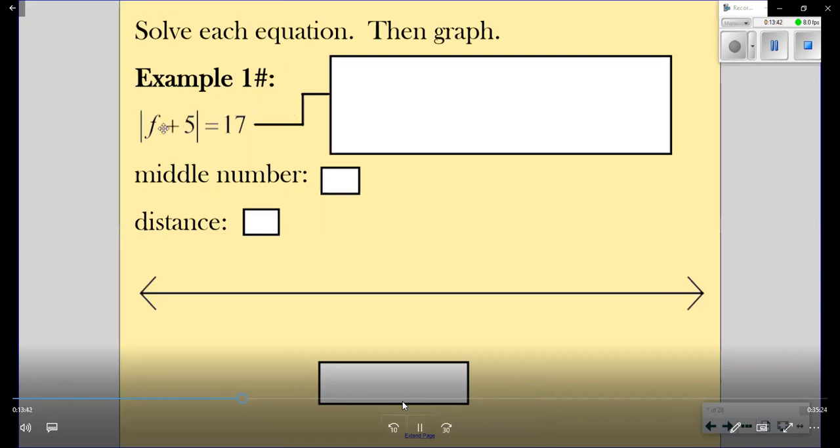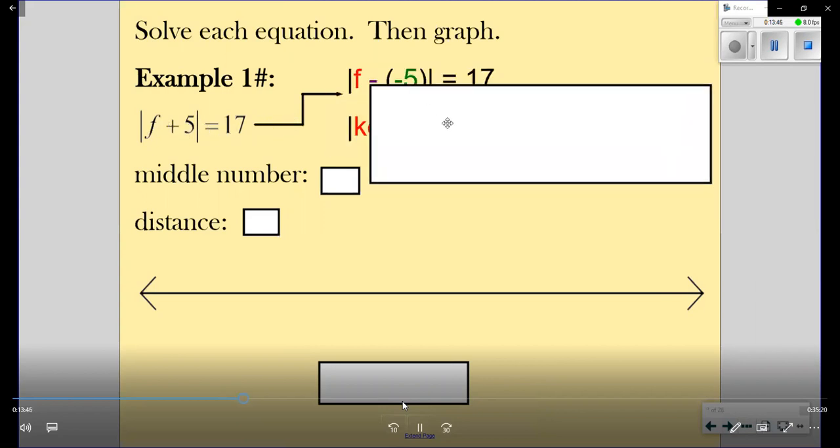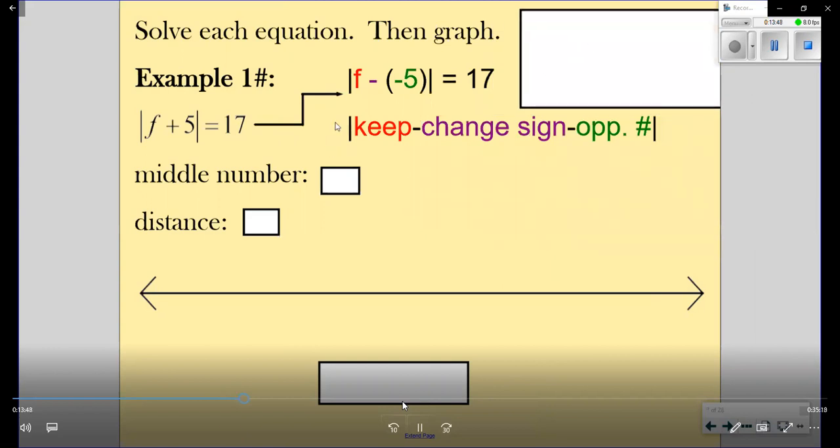So for this one, we have the same thing. We have the absolute value of x plus 5 equals 17. It's a plus, so we know that we can write it like this. You keep, you change the sign, and then you do the opposite of that number. So then that will give you this form.